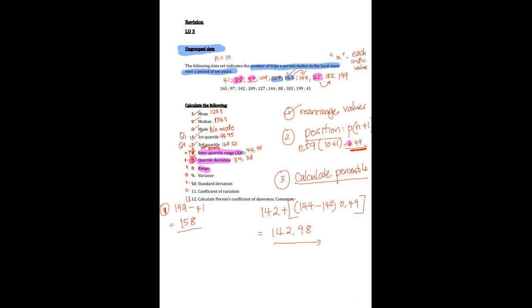Then you have the variance. Now, for the variance, you again need to follow a specific formula. I know that you possibly have come across one previously, but there is a general rule when it comes to this calculation. So I'm just going to erase this here.